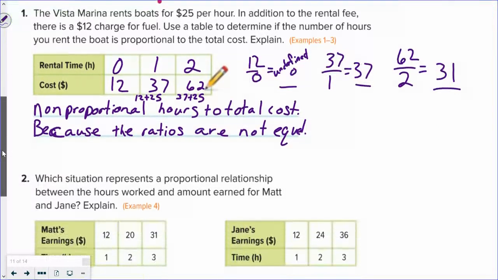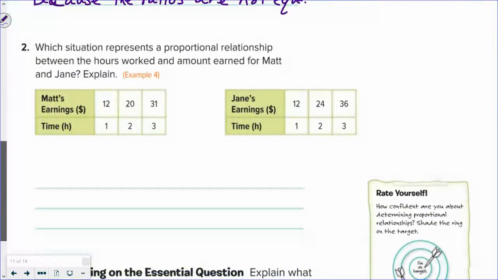Okay, so let's look at number 2 then. Which situation represents a proportional relationship between hours worked and pay for Matt and Jane? We did this one actually in class before, and what you wanted to do was take each one of these, and they're already set up how we would get them.